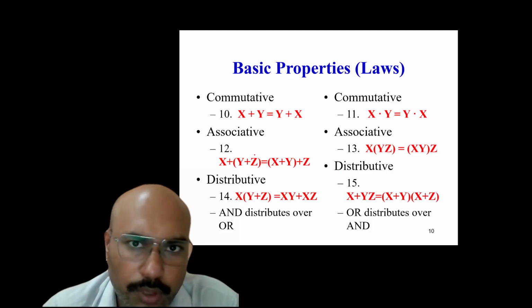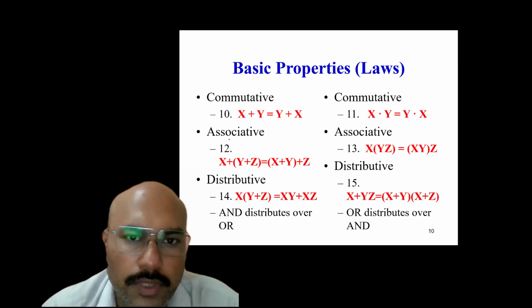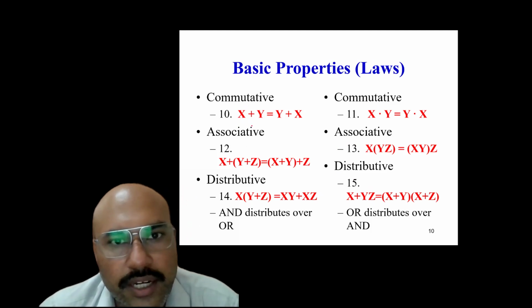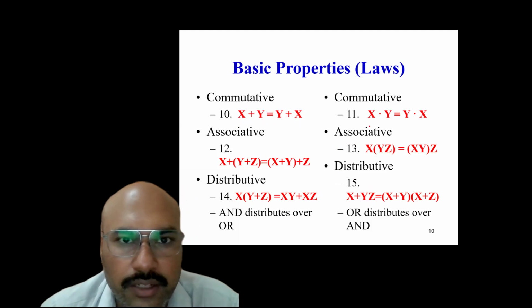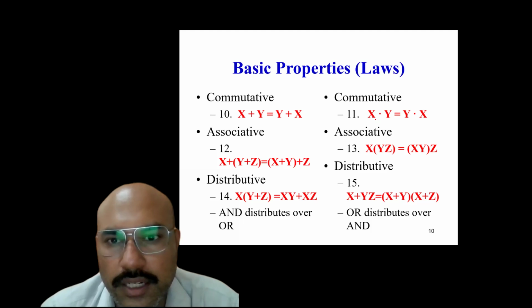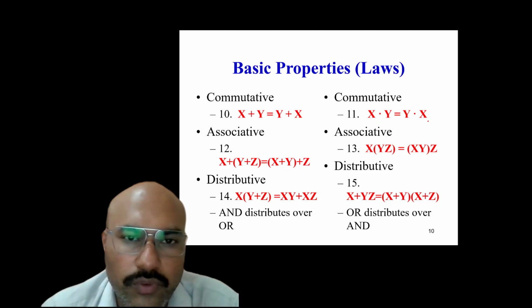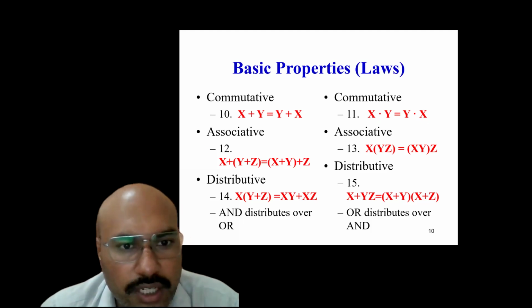Similarly, we have other Boolean laws. One is the commutative law. Here you can write x plus y as y plus x. You can just reverse the variables, and it will not affect your output. Similarly, in the case of multiplication, x dot y is always equal to y dot x. Then we have the associative law.